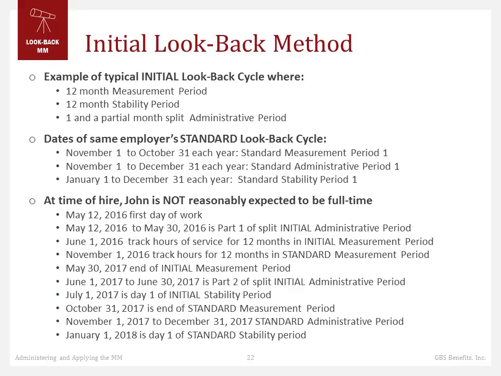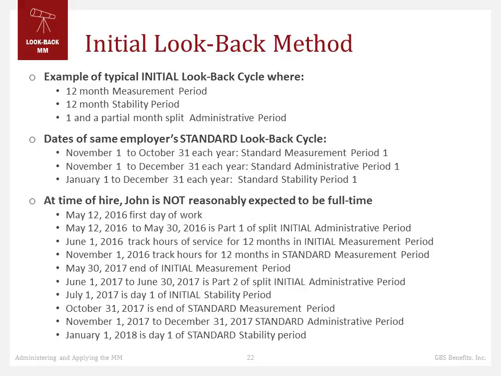Here's an example of the typical initial look-back cycle where that employer selected a 12-month measurement period, selected a 12-month stability period, and selected a 1 and a partial month split administrative period, which is the administrative period that we recommend because it's easier for you to administer. And it sounds like it's kind of difficult, but it's not.